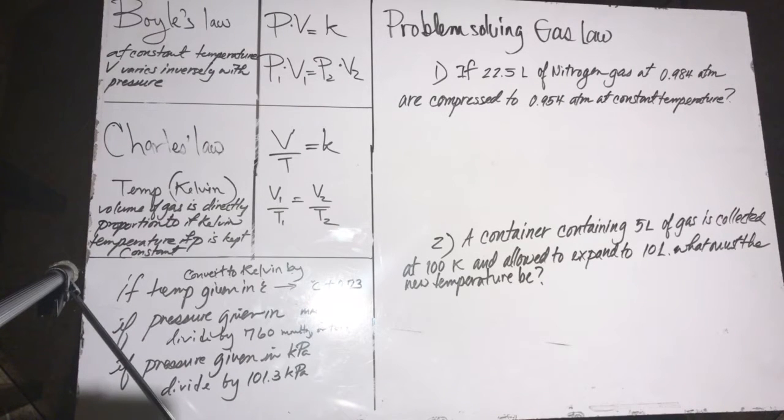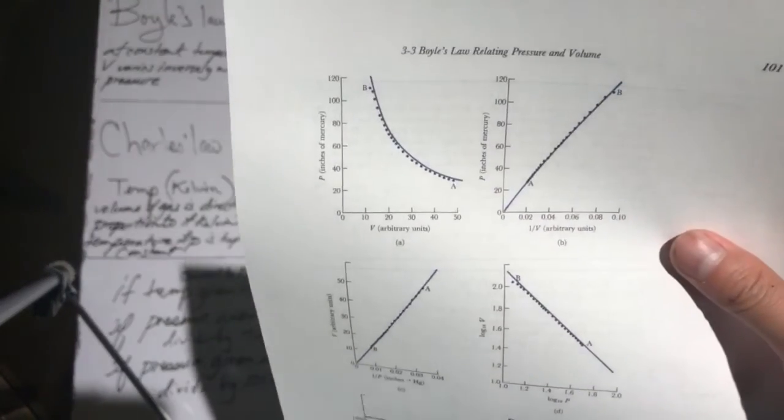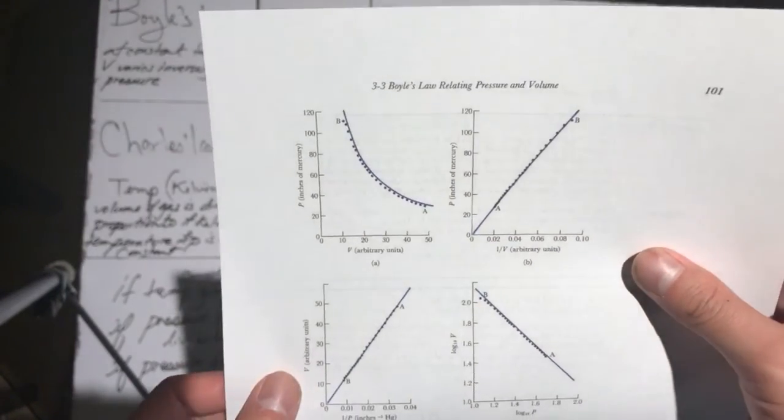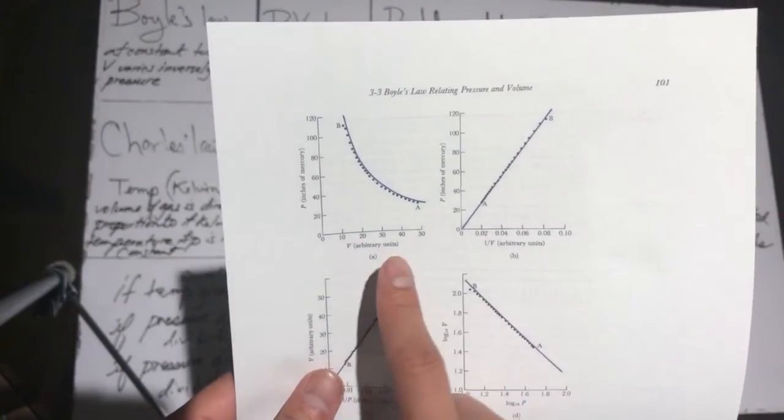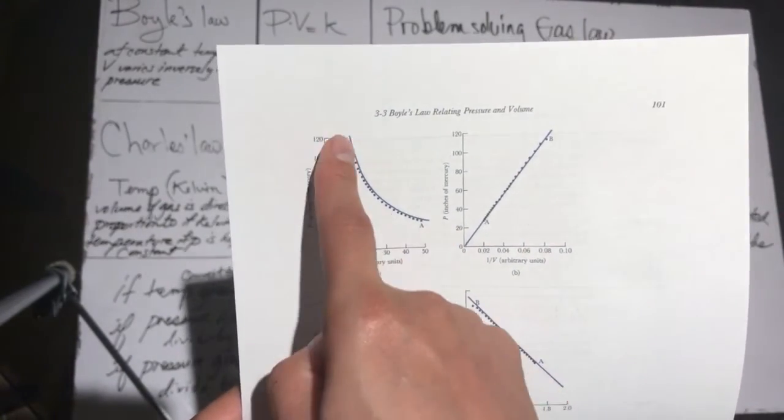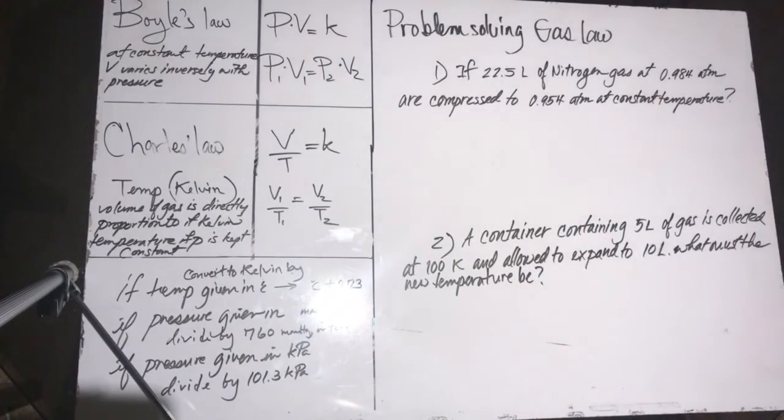Also, when you look at the graph on the left, which is A, what happened? As the volume increases, the pressure decreases. That's what it is. And we will be able to do the lab to confirm this result later.